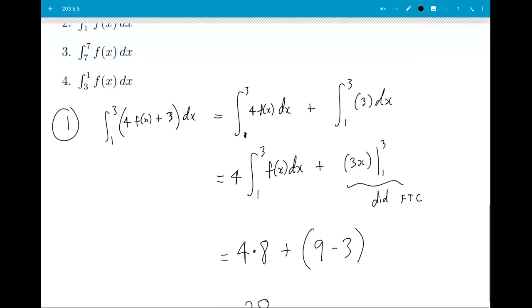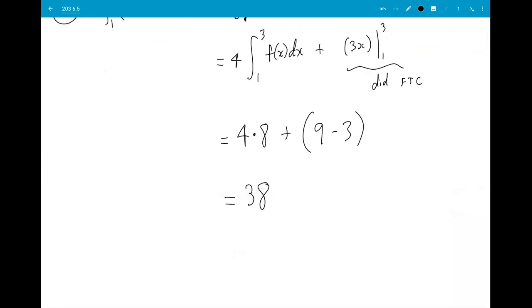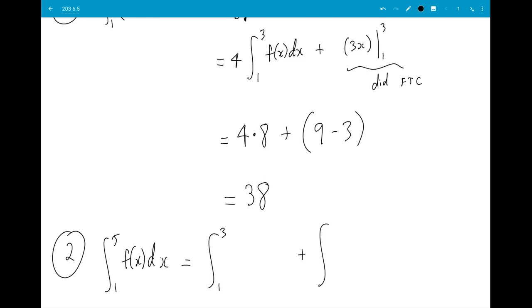Question 2, what is it asking for? The integral from 1 to 5 of f of x dx. So here's where I'll break this. 1 to 5, so I can go 1 to 3, and then plus the integral from 3 to 5.